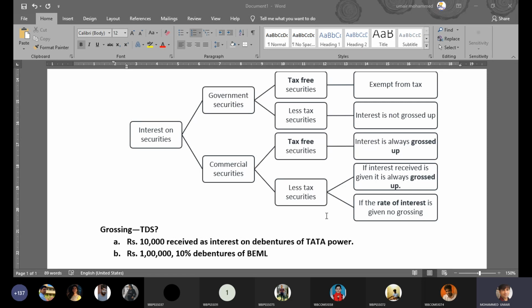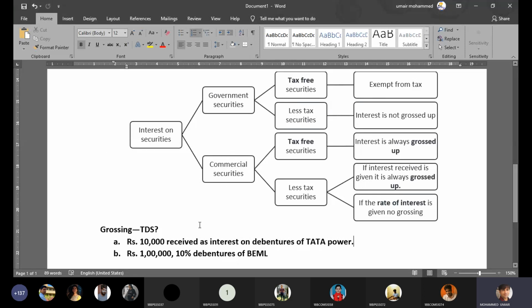But if nothing is mentioned, we always assume it is less tax. So this is something which you have to always keep in mind, that in case the word tax-free is not mentioned, it is always less tax security.